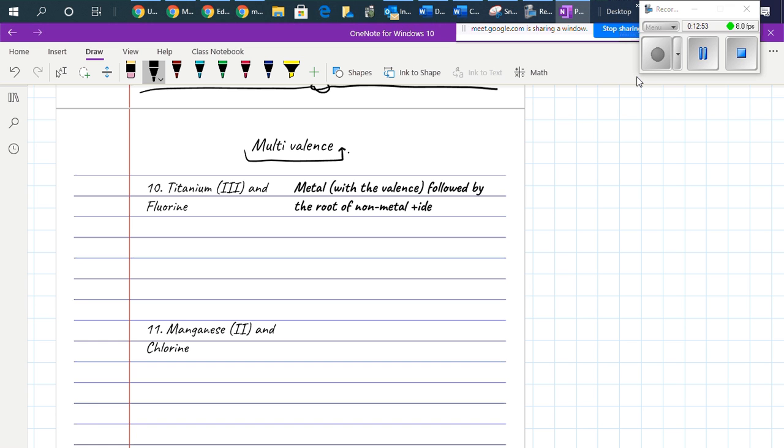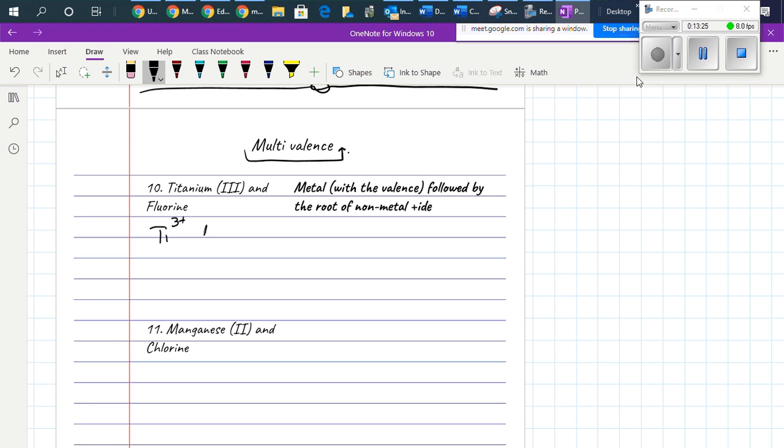So in the first case, we have titanium with valence number 3, titanium 3 and fluorine. Titanium is in the 22nd place on the periodic table. You have the option, since it is multivalence, to say whether it is +3 or +4. Since it is 3, it will be +3.